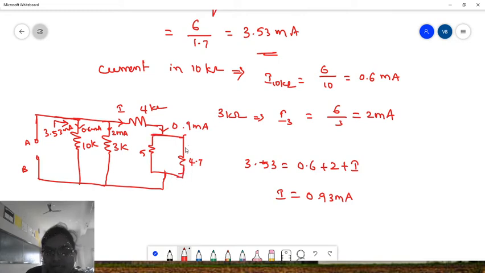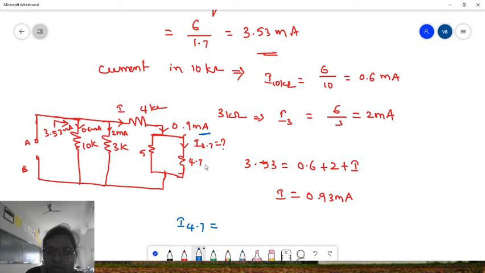So how to calculate the current across this one? Current across 4.7. Then you can apply the current division principle here. That is total current into opposite resistance by total resistance. So I need to calculate current across 4.7 kilo ohms.